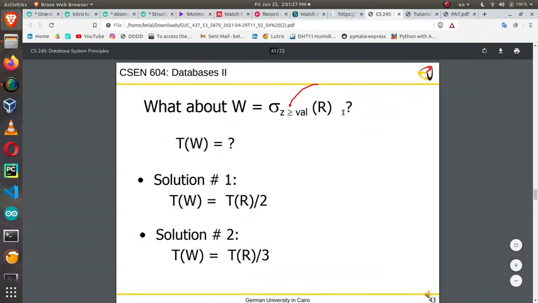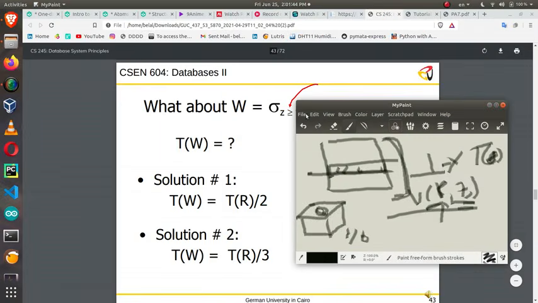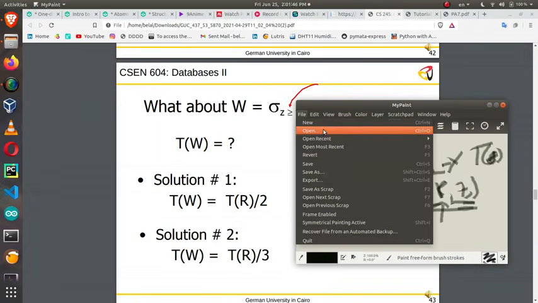Okay, let's compute the number of tuples resultant from executing this query. Select all tuples from table R with attribute Z greater than or equal a given value. Okay, so let me visualize the concept.